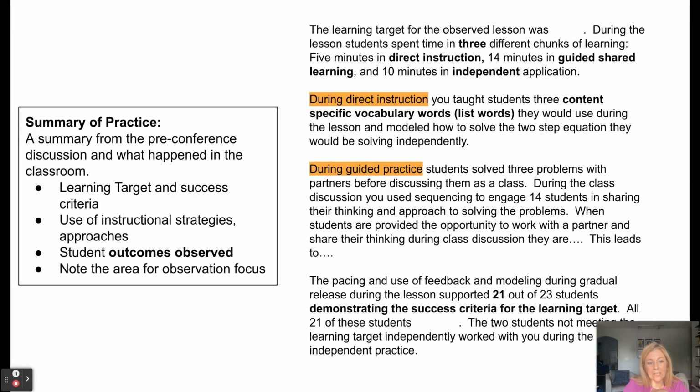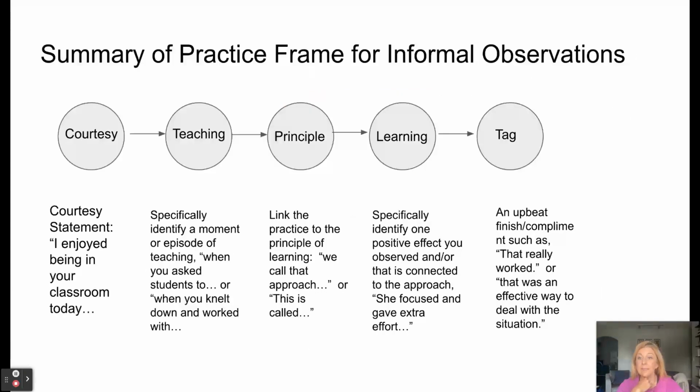So this is an example of a frame that you could use to summarize the practices. You could also create a frame that actually summarizes classroom environment, summarizes instruction, and then summarizes the success criteria for students. This is another frame that I use for informal observations, and it's a positive frame.